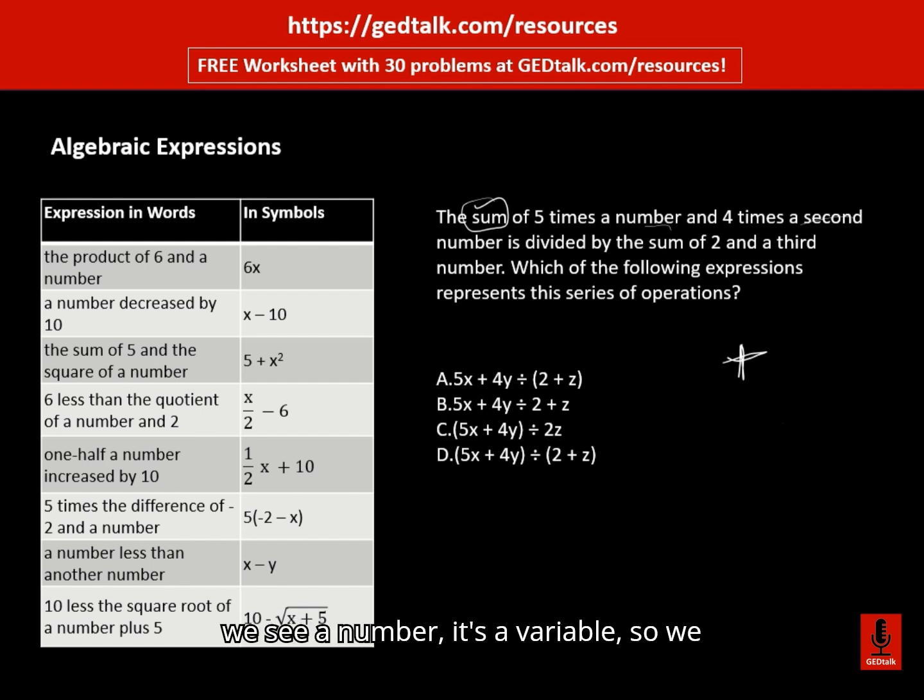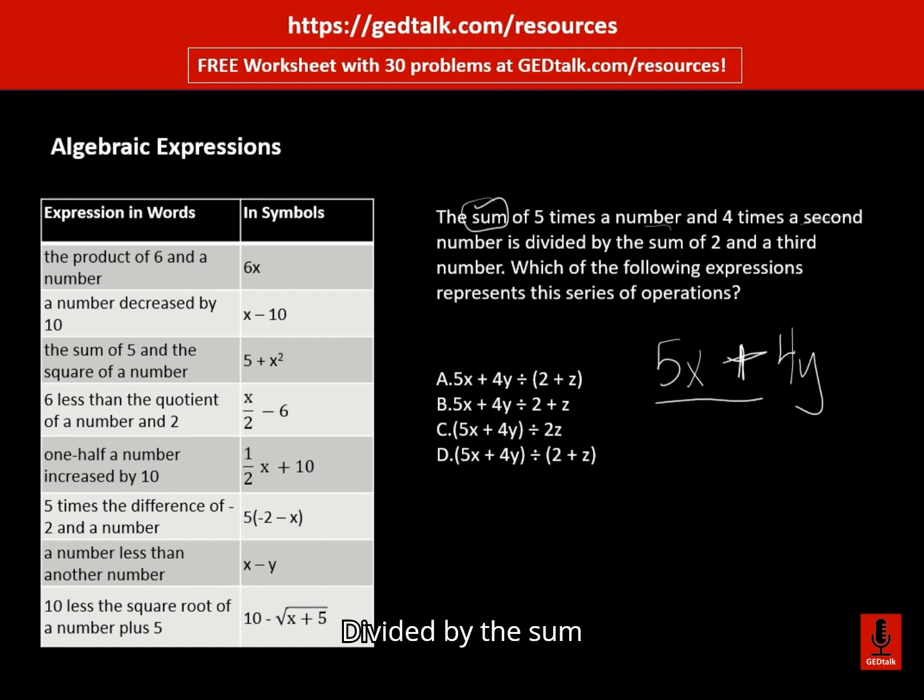And remember, when we see a number, it's a variable. So we have 3 variables here. And as you can see from your answer choices, we're going to use X, Y, and Z. So the sum of 5 times a number, which is X, plus 4 times a number, and we'll use Y, divided by the sum of 2 and a third number, and we'll use Z.